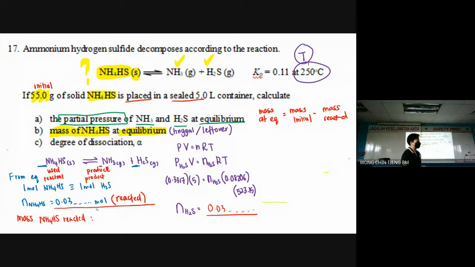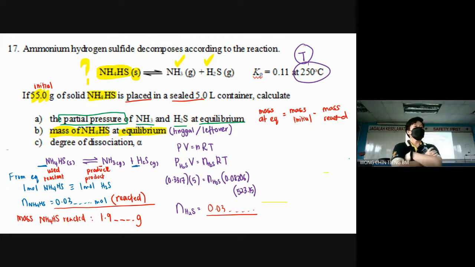I want the mass of ammonium hydrogen sulfide reacted. Okay, all right. Are you getting it over there on the calculator screen? I saw 1.9 something mass.